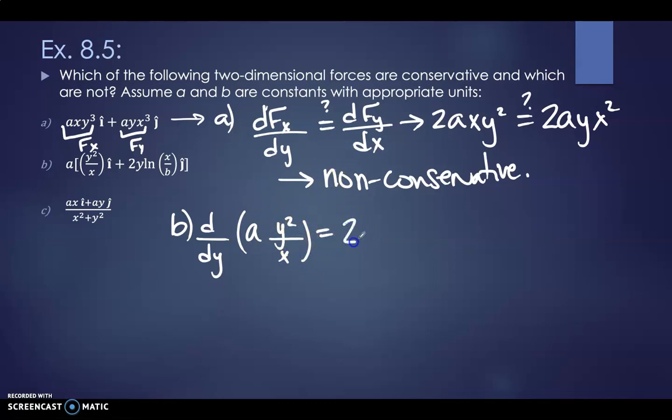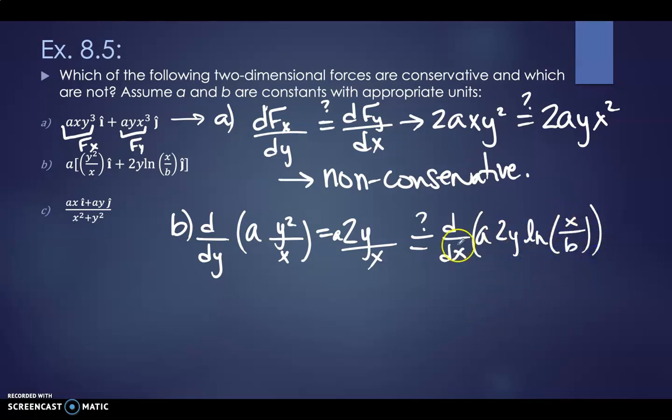We're going to have 2y times a, over x, equal to d/dx of a 2y ln of x over b. So take the derivative of this guy.